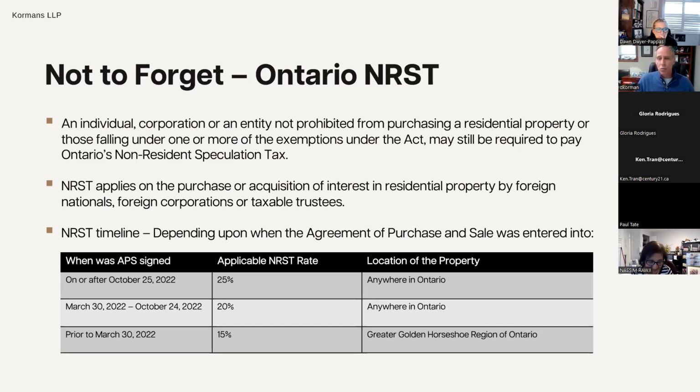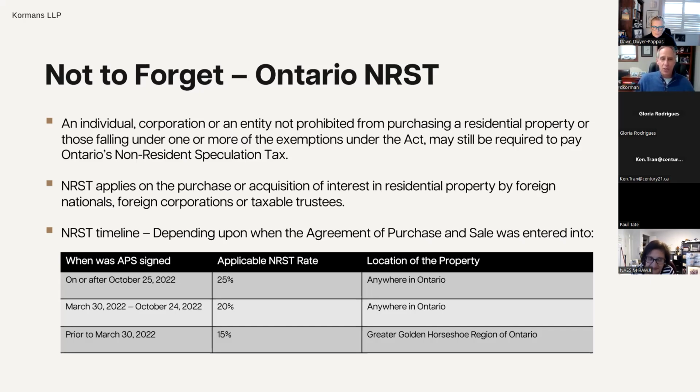And there have been two other adjustments since this originally came in. If you remember, it was originally a 15% rate, and it only applied to properties in what they defined as the Greater Golden Horseshoe region. Then that changed in March of 2022, and it went up to 20%, and it applied to anywhere in Ontario.